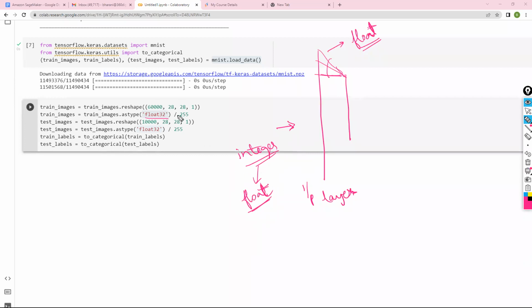And then you're dividing it by 255, because you know for a fact that you're supplying images as input, and images have pixels. Each pixel value ranges from 0 to 255. 0 means black, 255 means white.